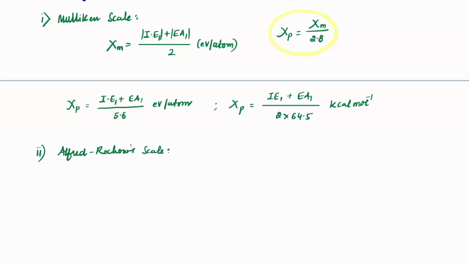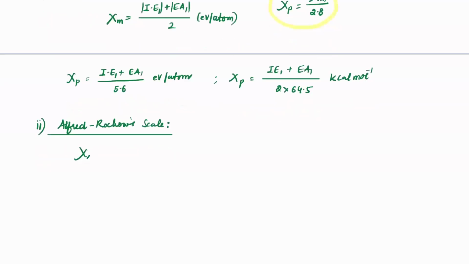Alfred Rochow's scale, that is X_AR, is Z effective into e square, where e is the electron charge, by r square, minus 0.359 Z effective divided by r square. Correct.